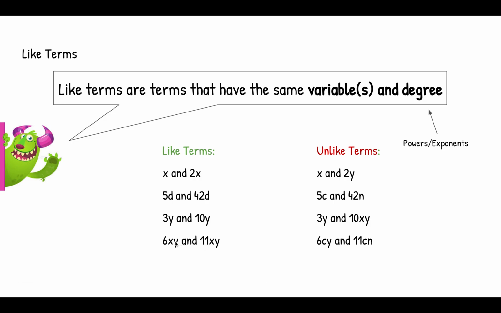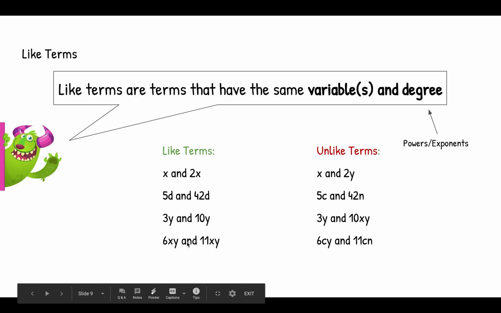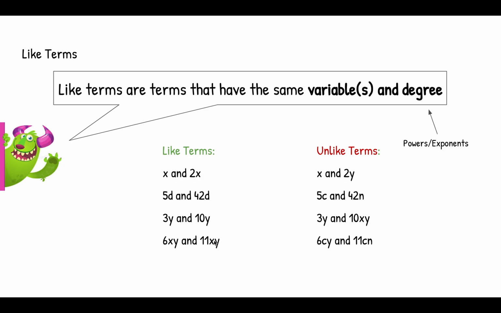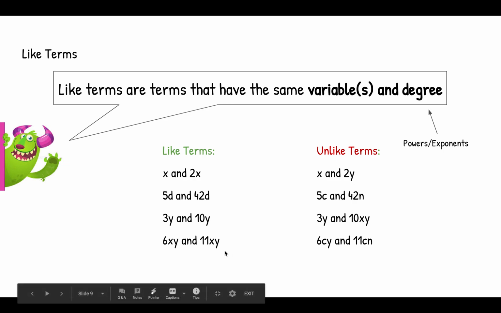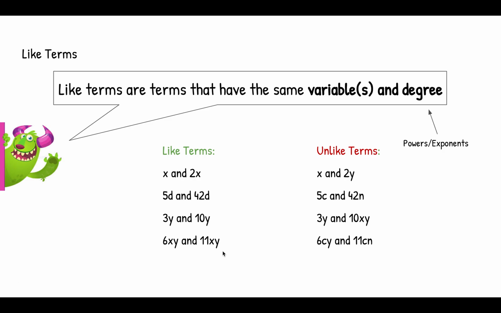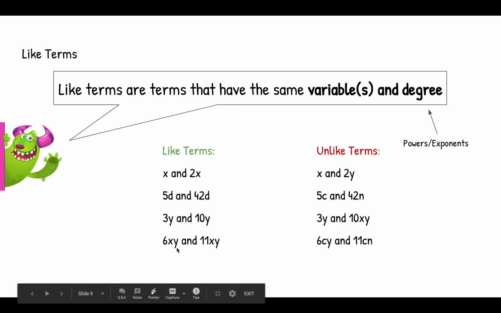You know that because these have the same variables, but they also have another variable, not just one variable but two variables, and those can still be like terms. And if you have more than one variable, you have to have the exact same variables. So 6x and 11xy wouldn't be like terms because the 6x doesn't have a y.